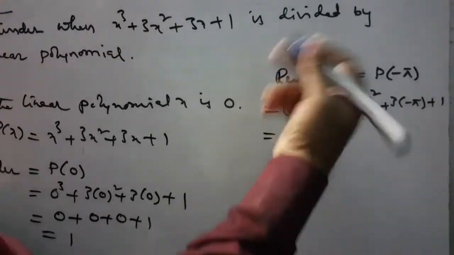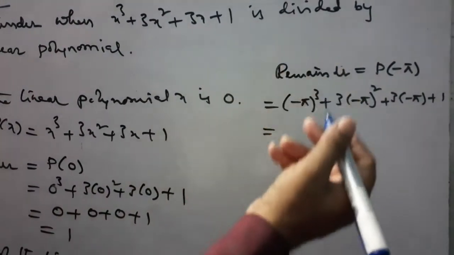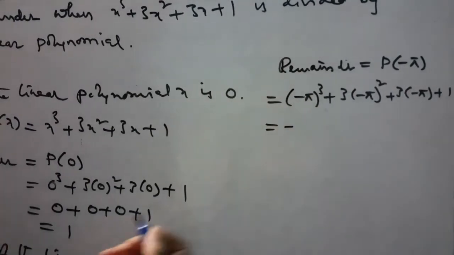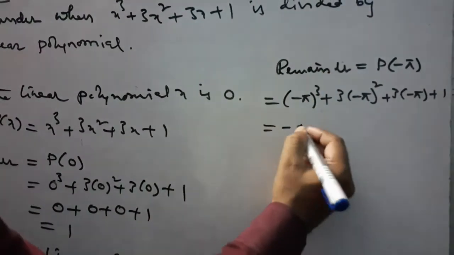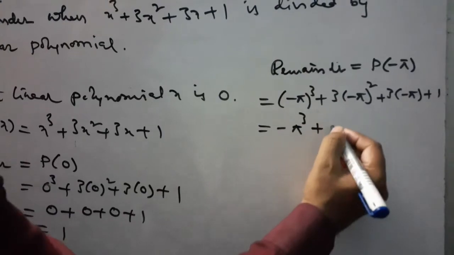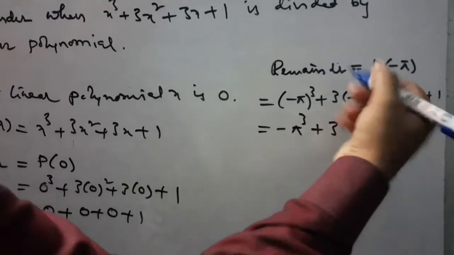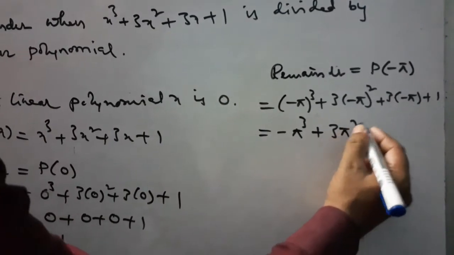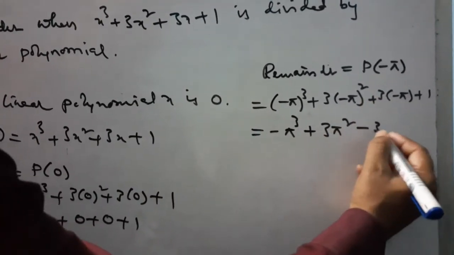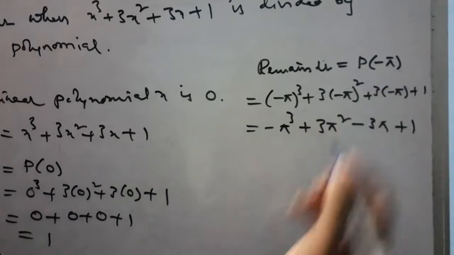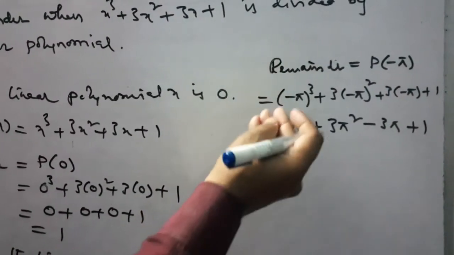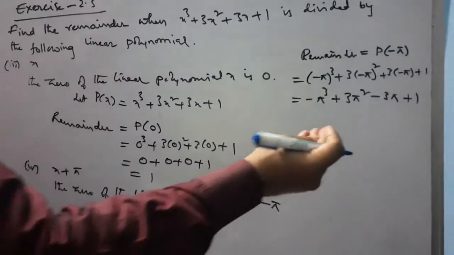So minus pi whole cube means minus pi into minus pi into minus pi, 3 times minus means it becomes minus pi cube, plus 3 into minus pi whole square, 2 times minus pi into minus pi becomes pi square, plus into minus minus 3 pi plus 1. So this is the remainder when it is divided by x plus pi.